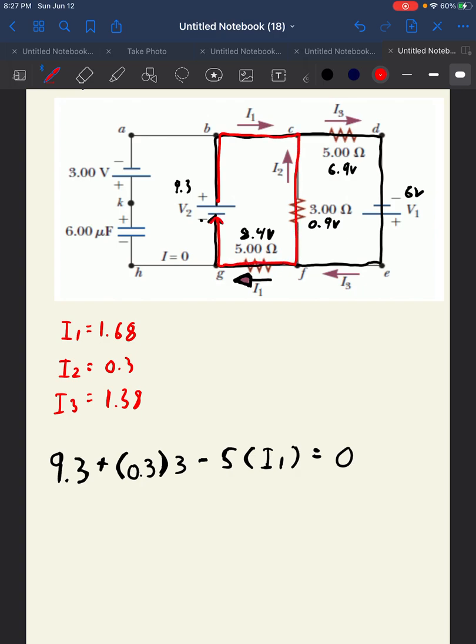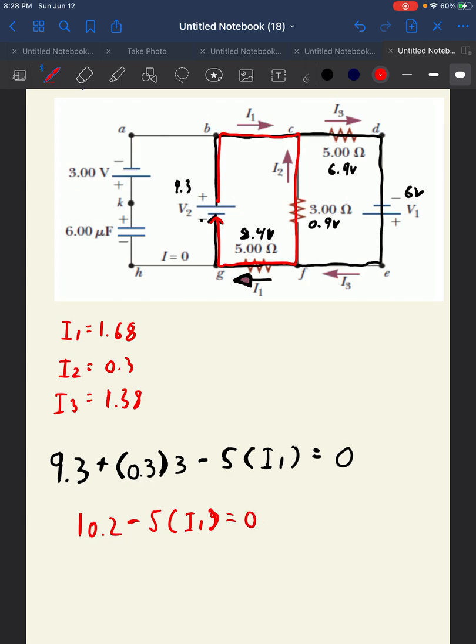So let's do this real quick. 9.3 plus 0.3 times 3 gives me 10.2. Minus 5 times I1 equals 0.